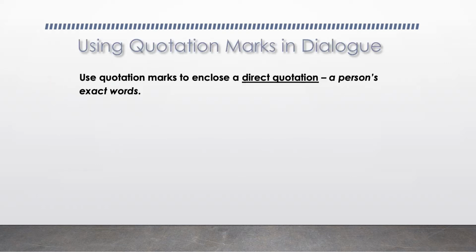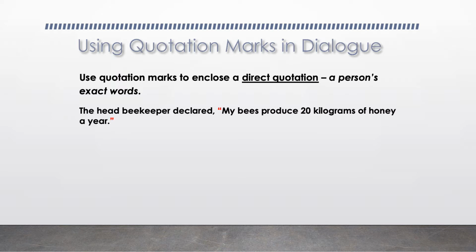Quotations should be enclosed in between quotation marks or speech marks. So, exactly what a person has said should be in between speech marks. I've got an example here. The head beekeeper declared, "My bees produce 20 kilograms of honey a year."